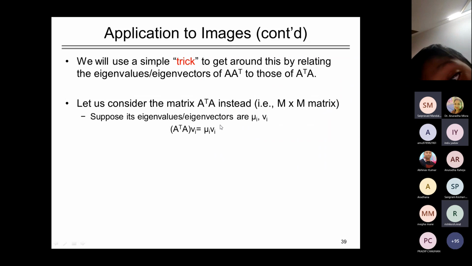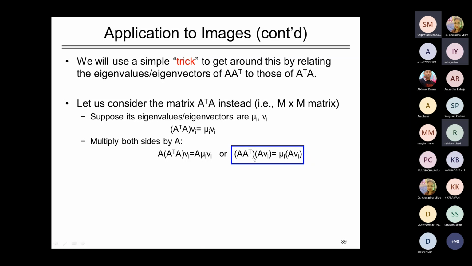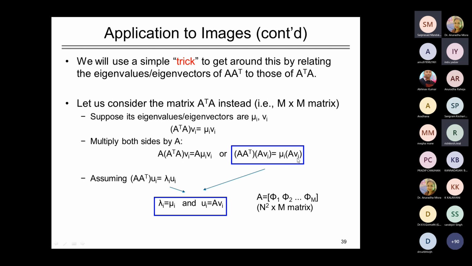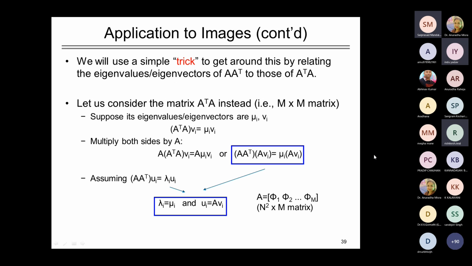Suppose its eigenvalues and eigenvectors are mu_i and nu_i. Multiply both sides with A and we get A A transpose A nu_i equal to mu_i A nu_i. Assuming A A transpose u_i equals lambda_i u_i, we get lambda_i equal to mu_i and u_i equal to A nu_i, where A is this matrix.